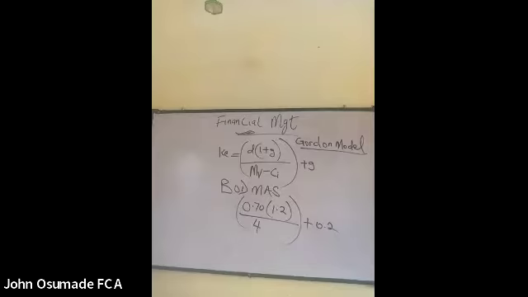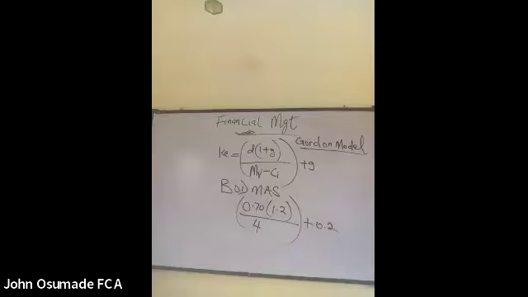The first one is 0.41. Divide by 4 plus 0.2.